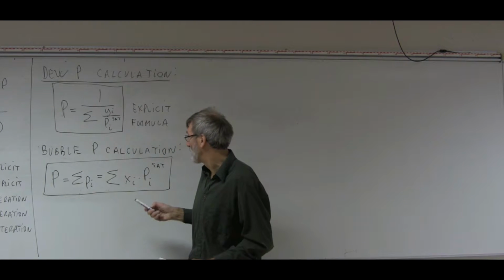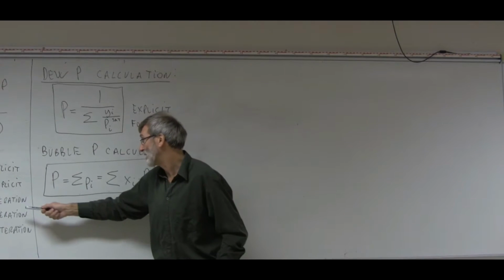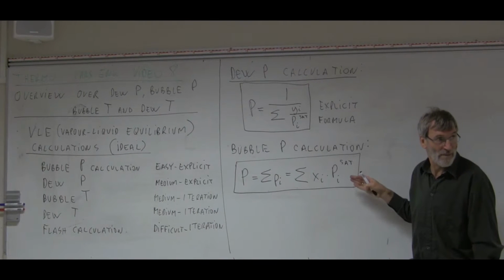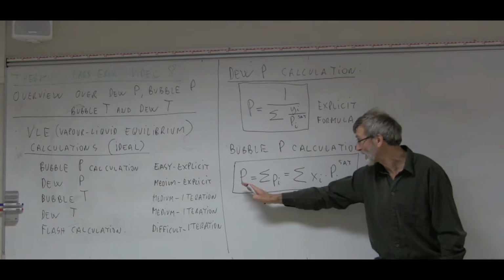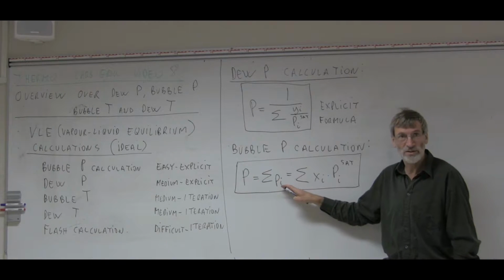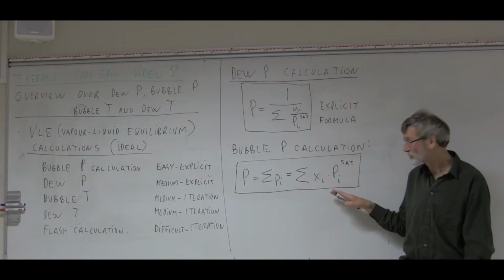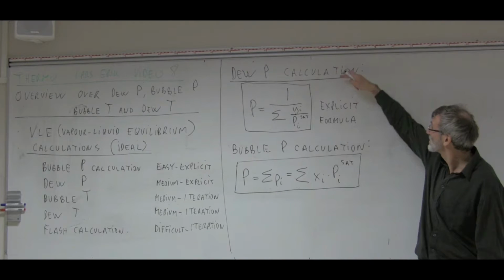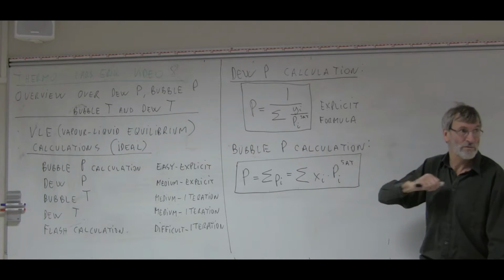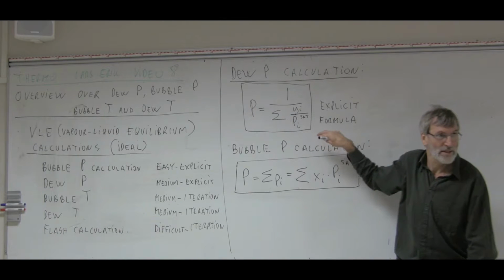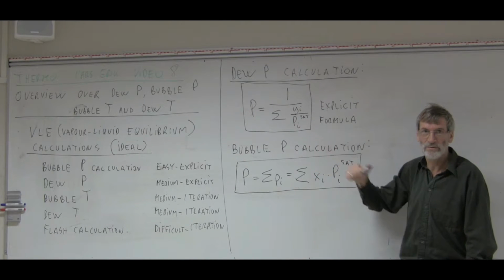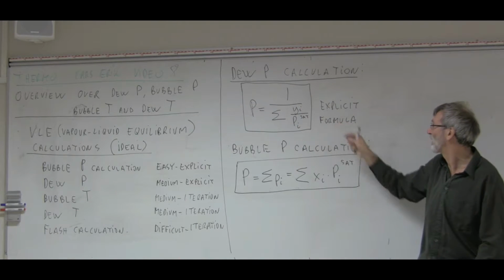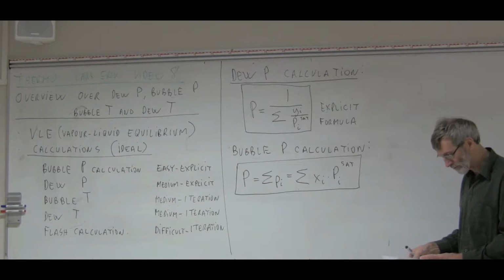And I claim that this is the easiest calculation. That is because I remember this equation. I remember that the pressure is the sum of partial pressures, which are defined by Raoult's law to be the mole fraction times the saturation pressure. This one is a little more difficult to me because I do not remember this equation. So if I should do this without a textbook, then I have to deduce that equation to make the explicit calculation.